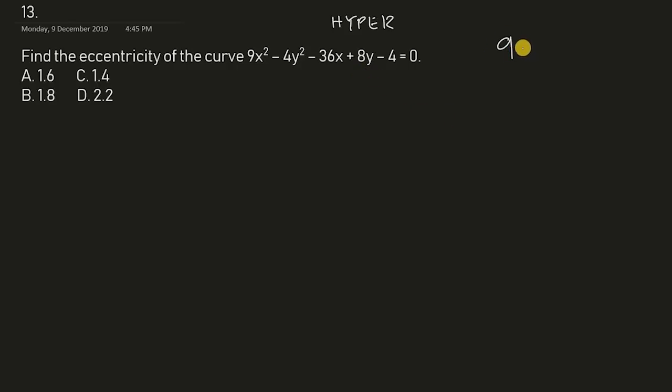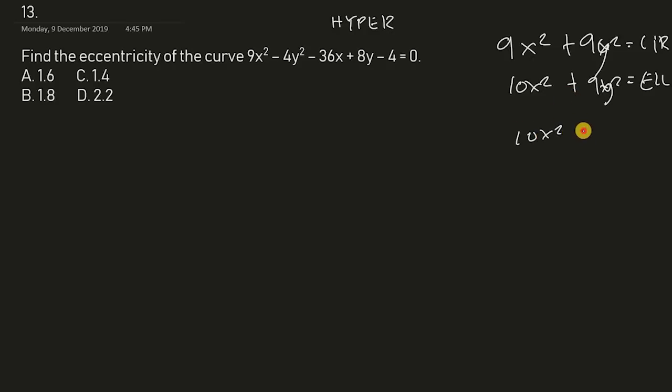When the coefficients of x squared and y squared are the same and positive, this is a circle. But if they are also positive but the coefficients are different, this is an ellipse. But if the sign of one is negative and they are not equal, like 10x squared minus 9y squared, this is a hyperbola. And if only one is squared, only x squared, this is a parabola.